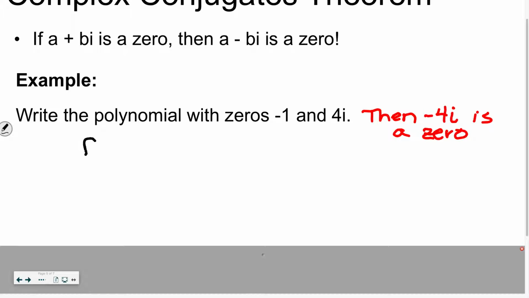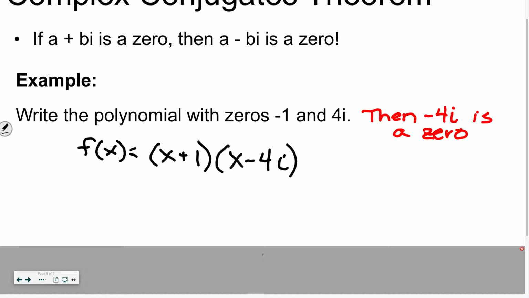When I write those out as factors, for negative 1, that's going to look like x plus 1. For 4i, I'll write x minus 4i. And for the negative 4i, that'll look like x plus 4i. Remember, they always look like the opposites when we put them back into their factors.